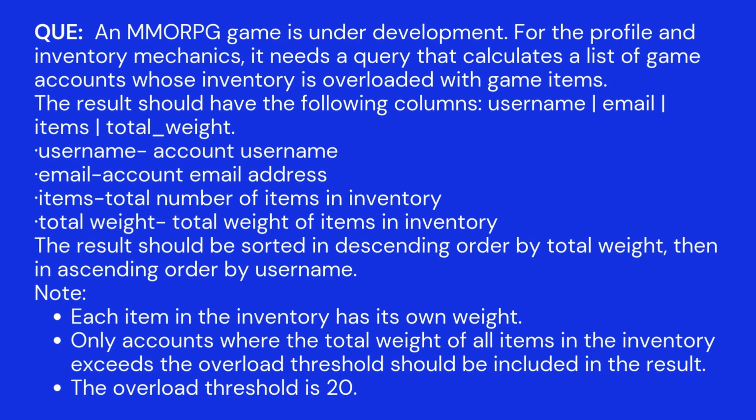The result should be sorted in descending order by total weight, then in ascending order by username. Note: each item in the inventory has its own weight. Only accounts where the total weight of all items in the inventory exceeds the overload threshold should be included in the result. The overload threshold is 20.